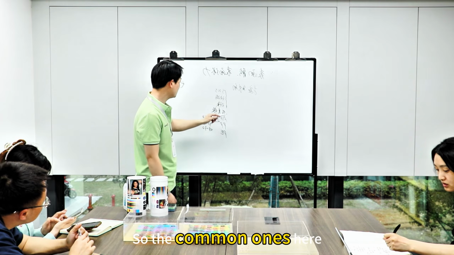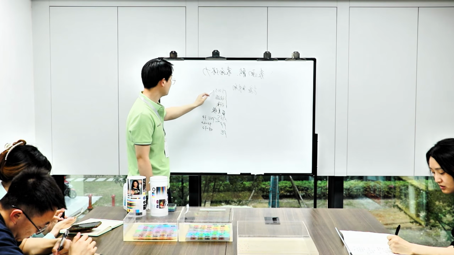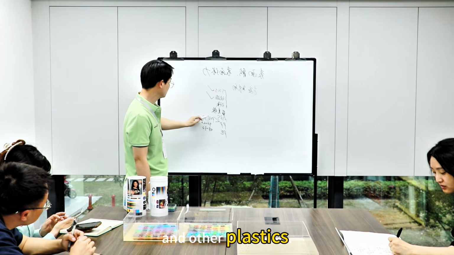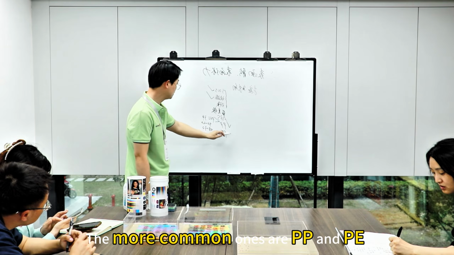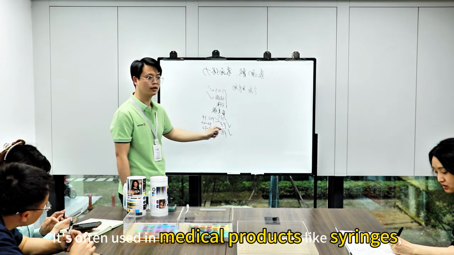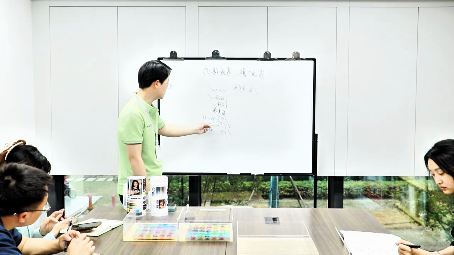So the common ones here, the glass and steel plates commonly used in labels, are all very easy to stick. And other plastics. The more common ones are PP and PE. It's often used in medical products like syringes, and also used in food.